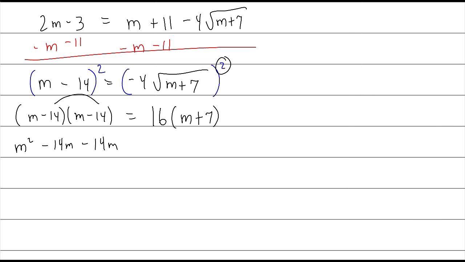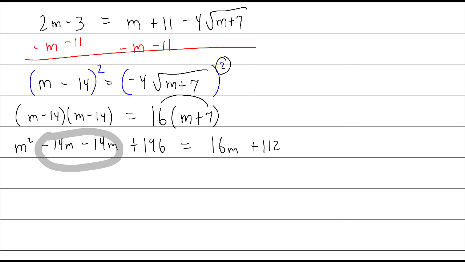Negative 14 times negative 14 is a positive 196 equals distribute the 16. 16 times m is 16m. 16 times 7 is 112, I believe. Double check that. 16 times 7, 112, yeah. Okay, I'm going to combine these like terms right here, right? Negative 14m minus 14m is negative 28m.